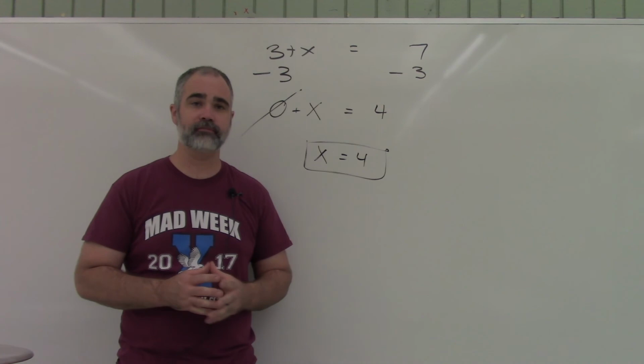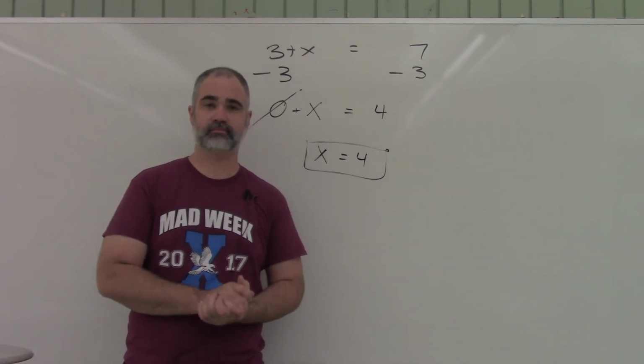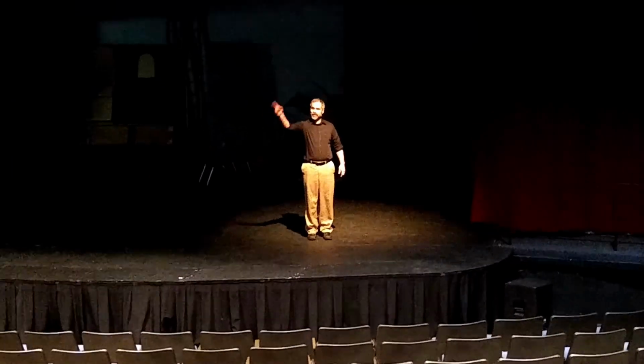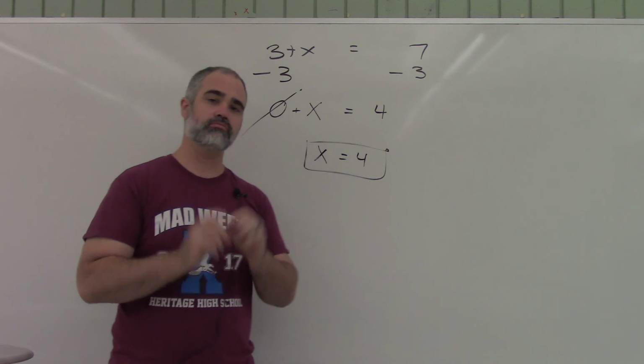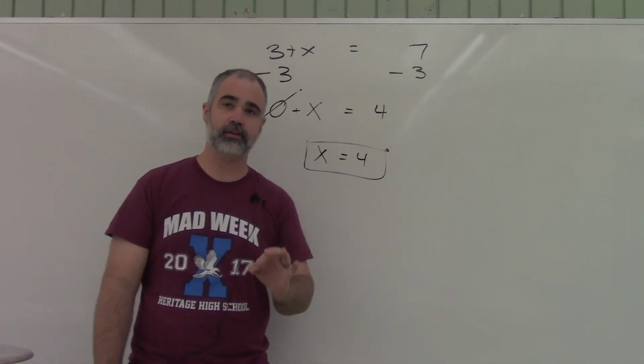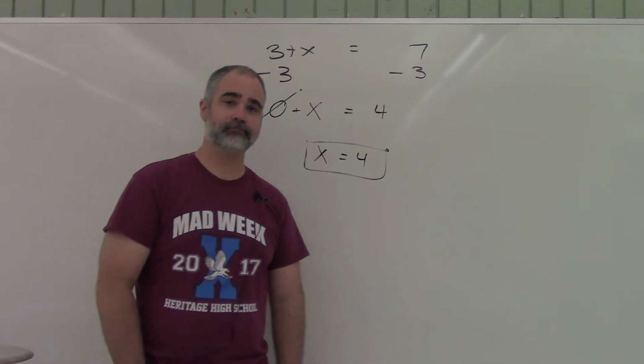So the golden rule of math goes like this. That which you do to one side, you must do to the other side. Whatever you do to one side, you must do it to the other side. If you follow that rule, you can do anything that you want in math, and you won't make a mistake.